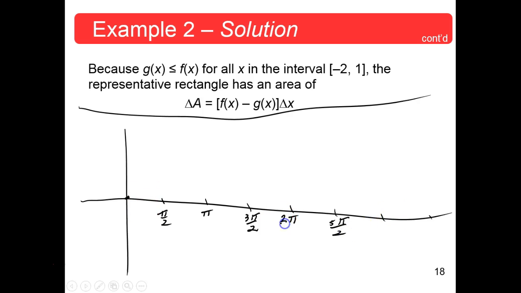That's a 2 pi. I don't know where that came from. Okay. We don't need that many.